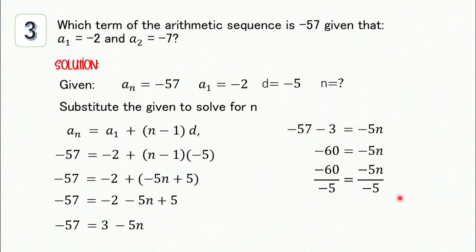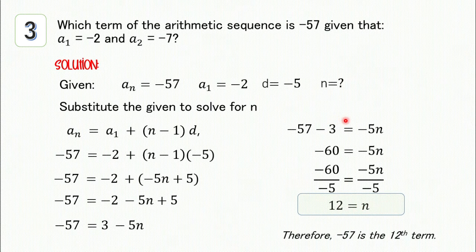So, eliminated na yung negative 5. And mangyayari is we're going to divide yung negative 60 divided by negative 5, and it will give us 12 equals n, or n equals 12. Ibig sabihin, yung negative 57 ay ang 12th term. Okay?